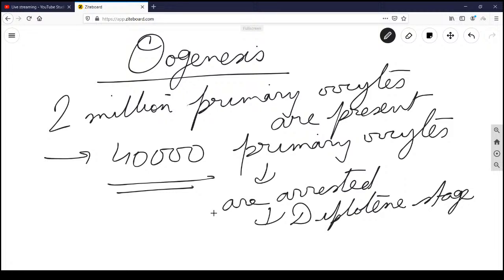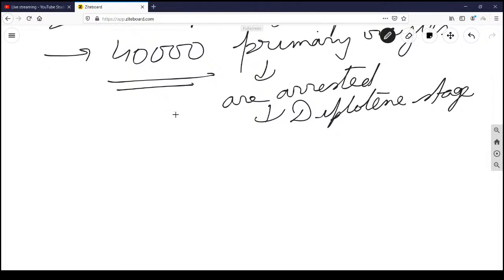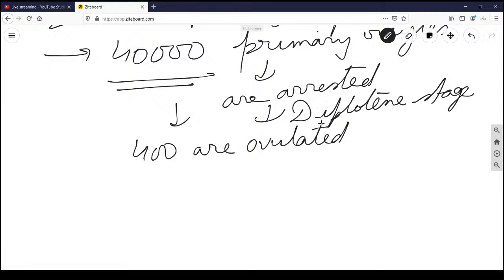So out of the 40,000, only 400 are ovulated, considering the average number of menstrual cycles is 400. The rest of the primary oocytes undergo degeneration without leaving the ovary.